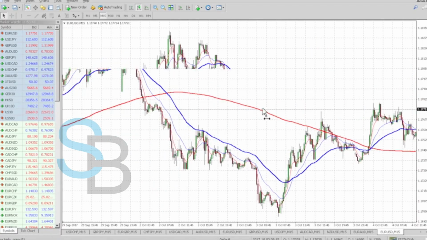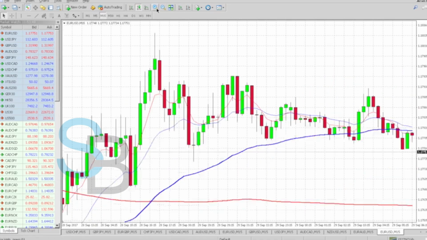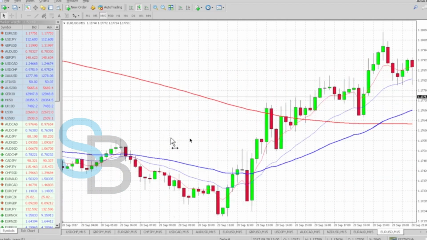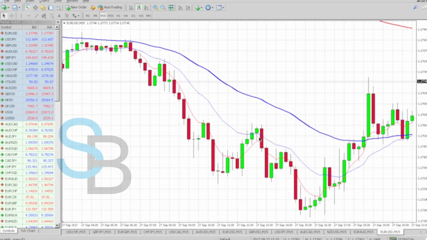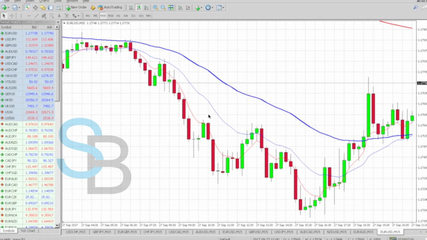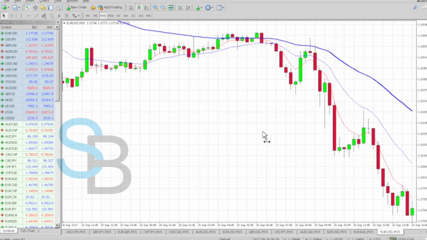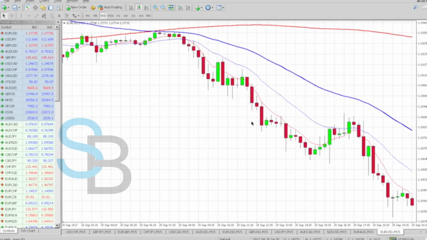So what we have here, and you can see this is a period of time when it was on a clear downtrend, right? So the 6 below the 18, below the 50, below the 200, clear downtrend, right? See clear downtrend? 6 below the 18, 18 below the 50, 50 below the 200.